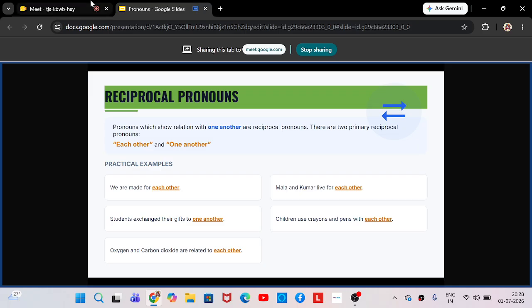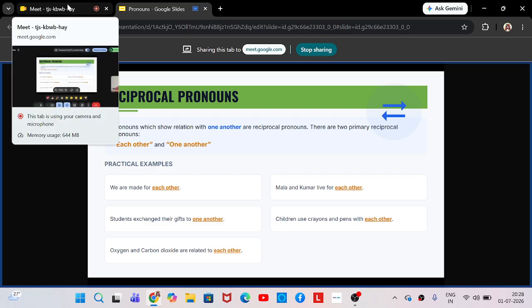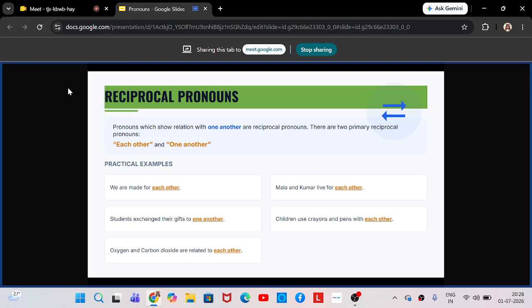Okay. Saira, you can read the third one. Oxygen and carbon dioxide are related to each other. How are they related? This is a science question. First of all, carbon plus oxygen gives carbon dioxide.